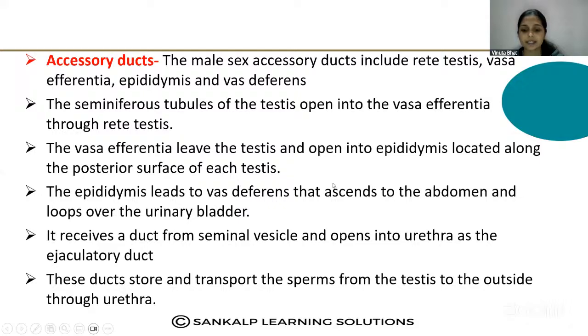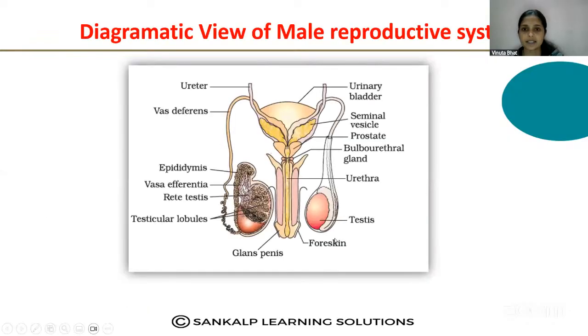Here you can find the accessory ducts, which include the rete testis, vasa efferentia, epididymis, and the vas deferens. These are the structures that form the male accessory ducts.